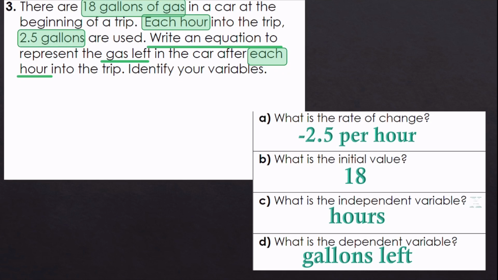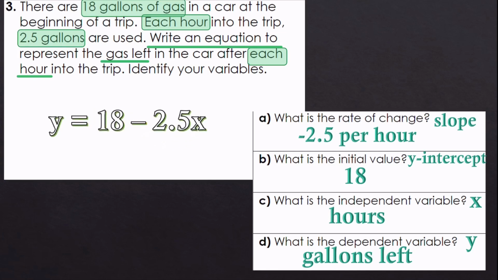So when we put this together, we go back and say, okay, my independent is my X. My dependent is my Y. My rate of change is my slope. And my initial value is my y-intercept. So you write your equation. Y equals negative 2.5x plus 18.